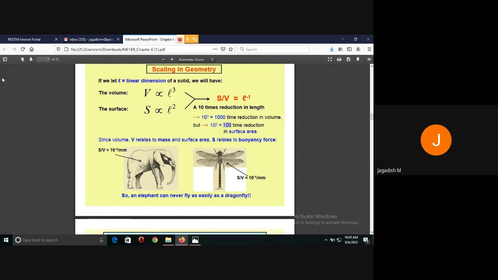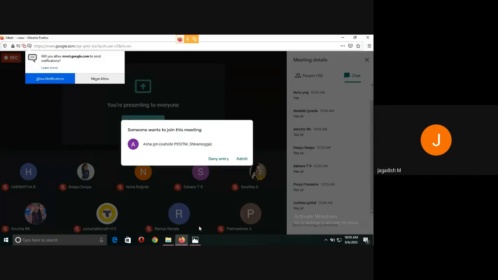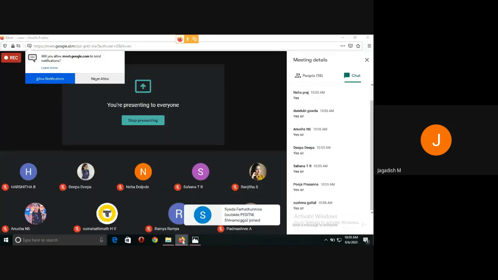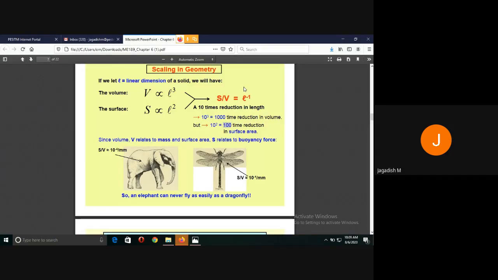Correct? So I repeat, if L is increased by 10 times, then volume is increasing by 1000 times and surface area is increasing by 100 times. So the ratio S by V is changing by L to the power minus 1.